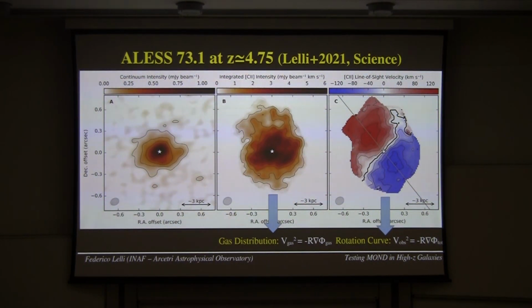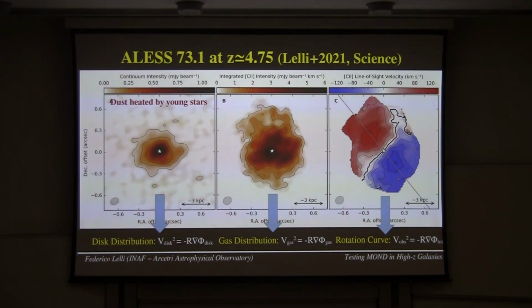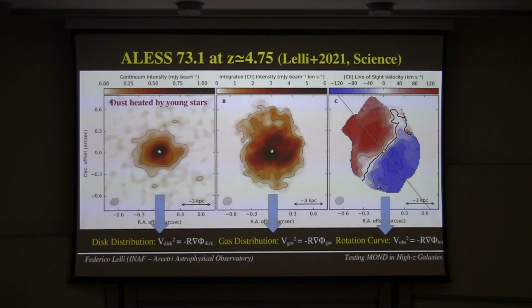And the problem here are the stars, because for these objects, at the moment, we don't have very good images. So we did a sort of hand-waving approach. What we have is the sub-millimeter continuum, which is this image there, that is tracing hot dust heated by young stars. So we can assume that the star-forming disk has a similar distribution as the dust emission.